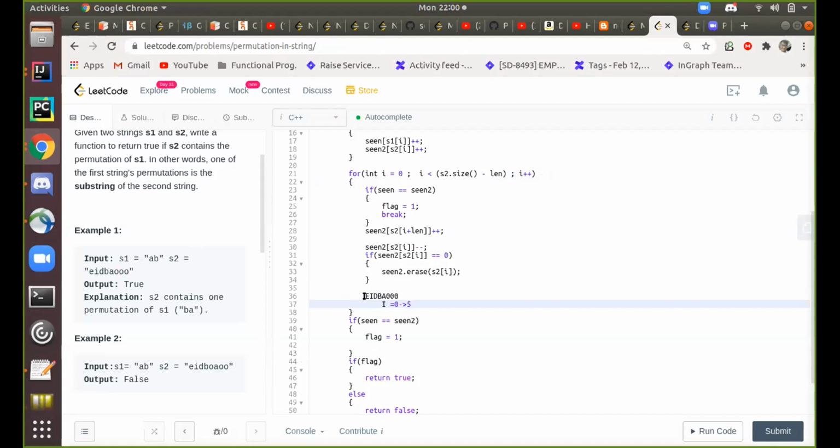So 0, 1, 2, 3, 4, 5. So basically my last window, double O, I'm not checking in this for loop because I'm exiting as soon as this becomes true. So for that, I have kept this condition out of the loop.